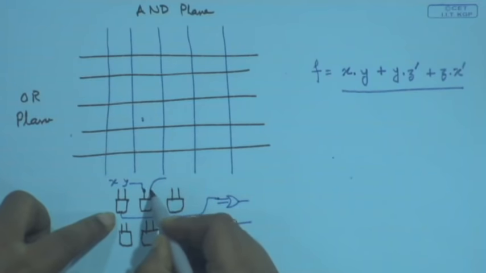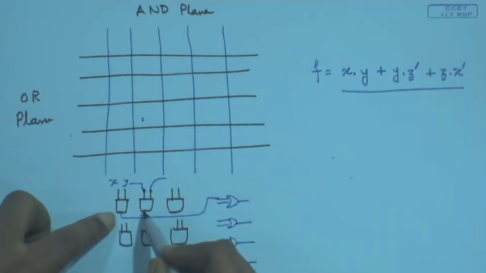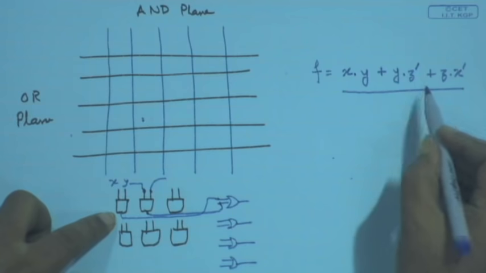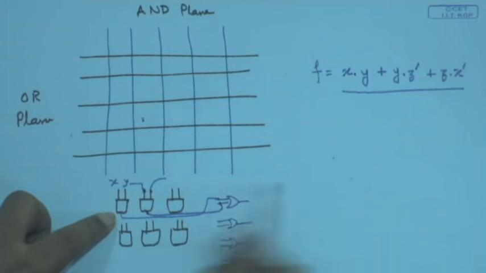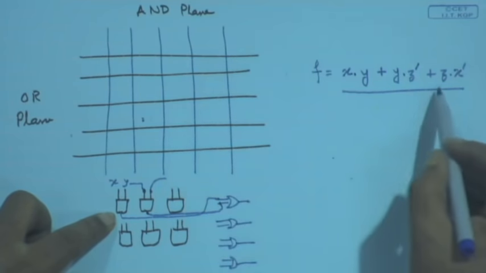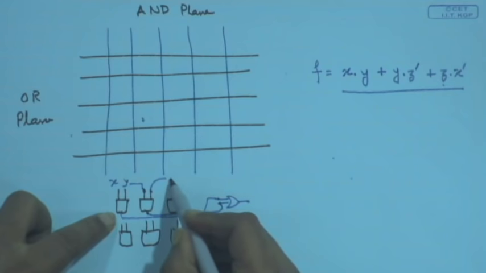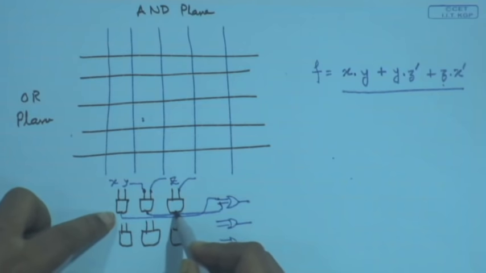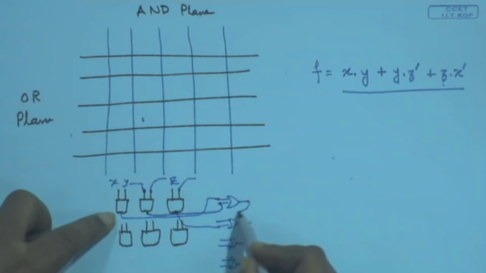So, I can connect z prime here, and I take this AND output and put it at the other input of this OR gate. Therefore, I am getting this function. Similarly, z is coming here, x prime coming here. I can take this AND gate, and this one can come to this OR gate, and this OR gate can be connected to this one. Therefore, from here I am getting the function f.